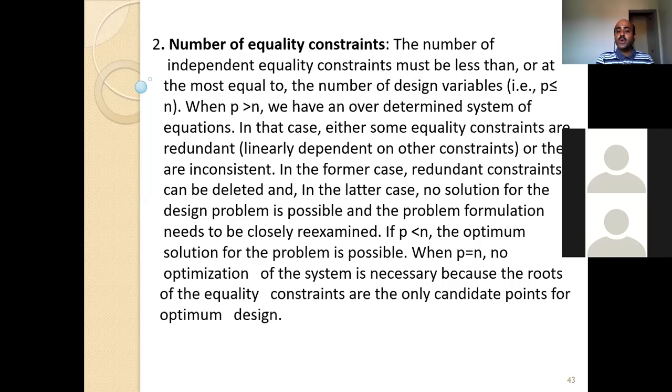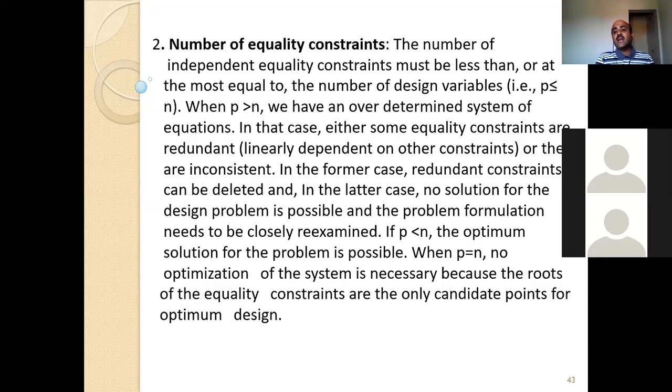P corresponds to the number of independent equality constraints, and N corresponds to the number of design variables. So in a standard design optimization model, P, the number of independent equality constraints, should be less than or equal to N, the number of design variables. If not, we may ask why.